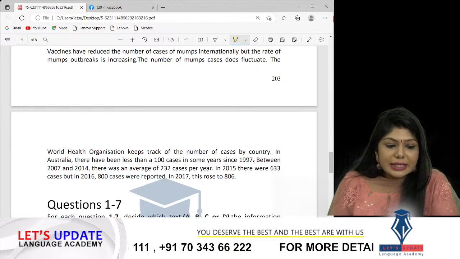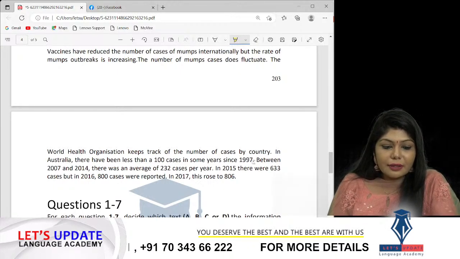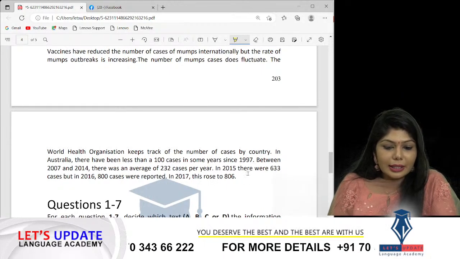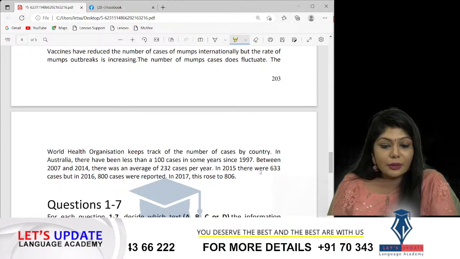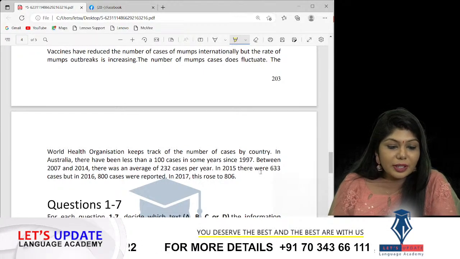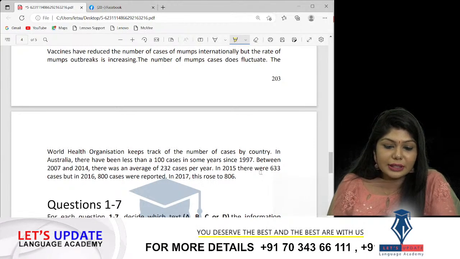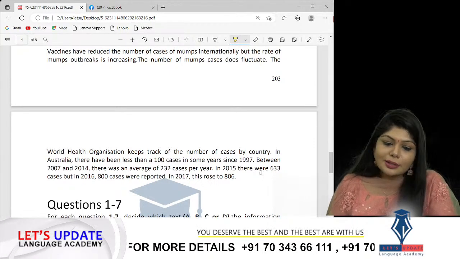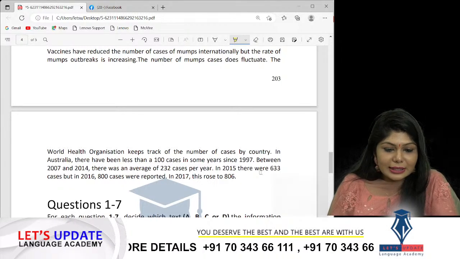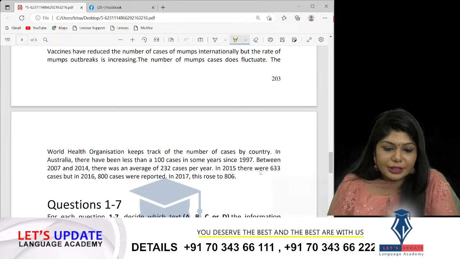Between 2007 and 2014, there was an average of 232 cases per year. In 2015, there were 633 cases, but in 2016, 800 cases were reported. In 2017, this rose to 806. That's about statistics. Again, they are telling about the number of cases in different years.